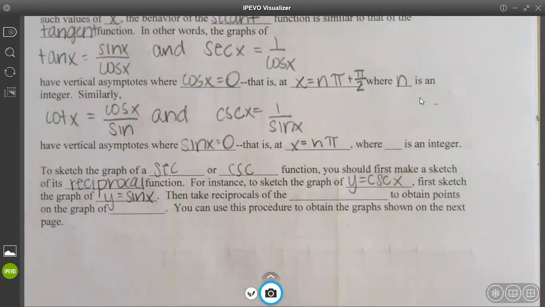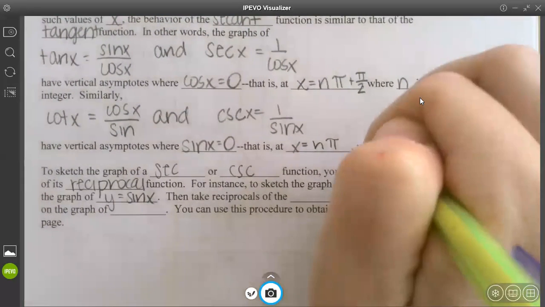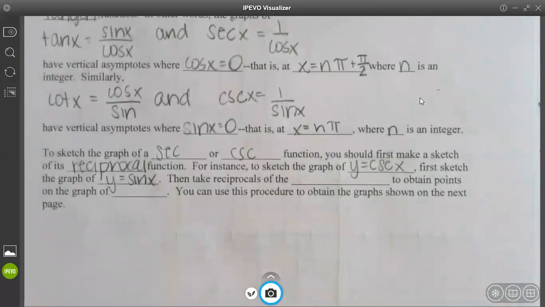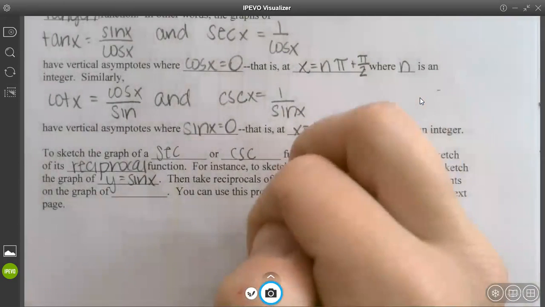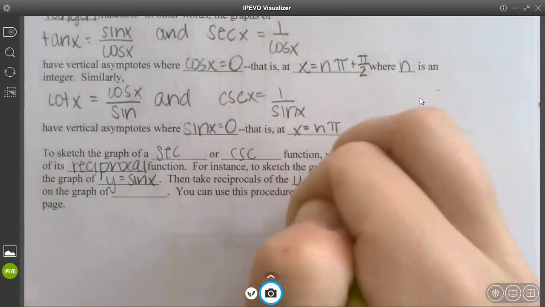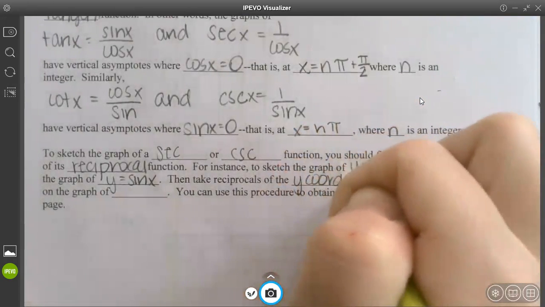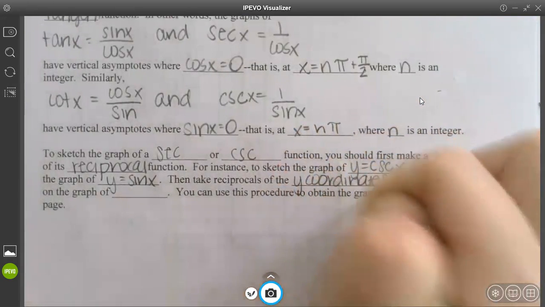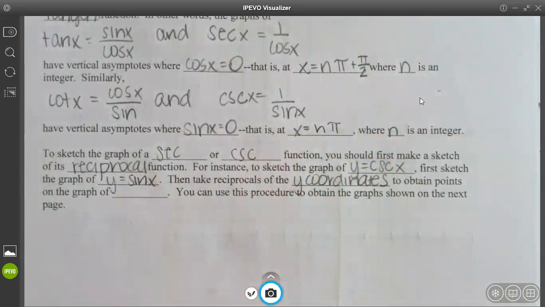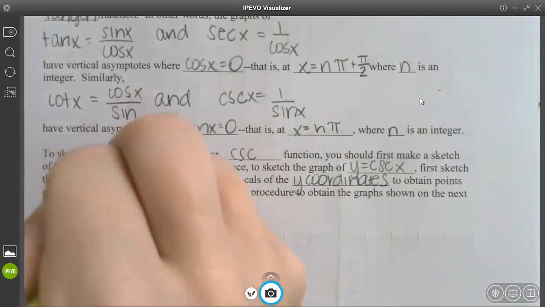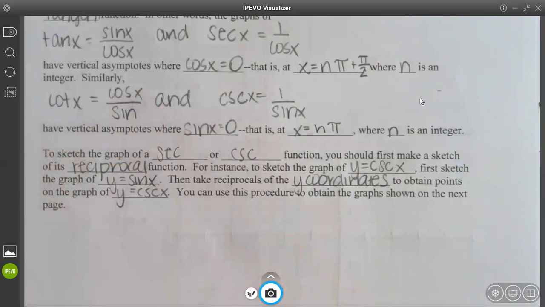X equals n pi. Oh, n is the integer. Then you're going to take the reciprocals of the y coordinates. Again, why the y coordinates? Because sine corresponds with the y coordinates. To obtain points on the graph of y equals cosecant x. You can use this procedure to obtain the graph shown on the next page.